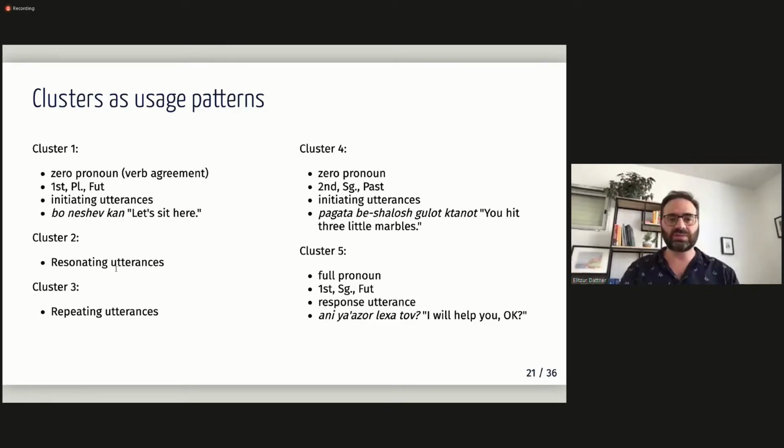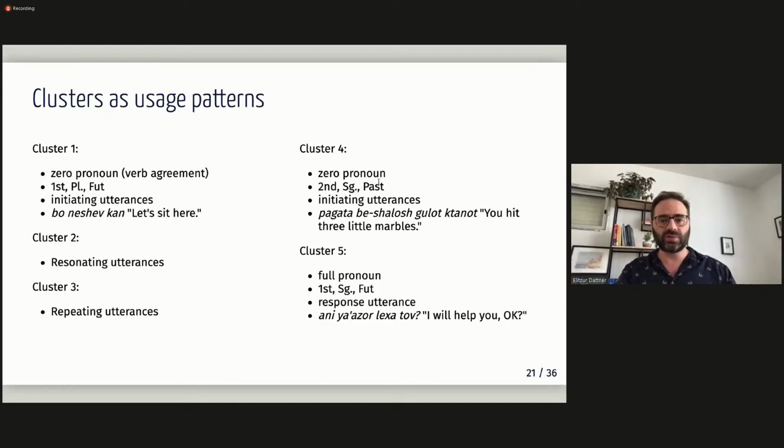So cluster 2 is mostly resonating utterances, and cluster 3 is mostly repeating utterances. That is, the clustering algorithm detected these utterances that are either repeating or resonating as if this is the most important feature of them. So this is what makes them similar to one another. So cluster 2 and 3 are not very interesting from our point of view.